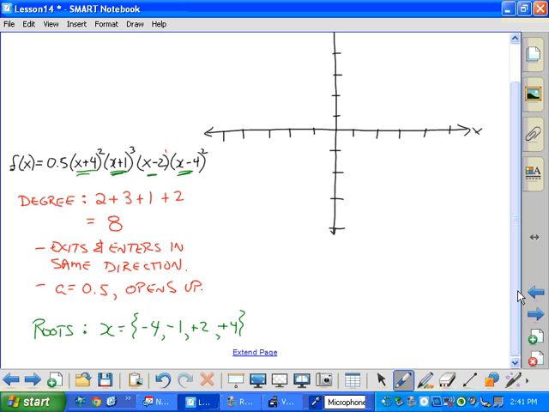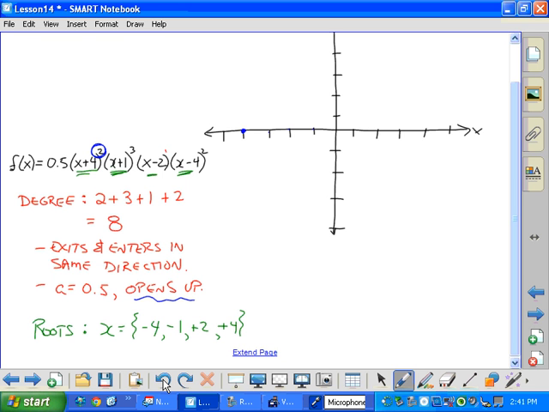Over at negative 4, so negative 1, 2, 3, 4, I'm going to put a dot there so you can see where I'm looking. I know that it's a positive graph, so it opens up. That means I'm going to be coming from up here somewhere. So what's happening at x plus 4? It is squared, so the shape at that point is going to be parabolic.